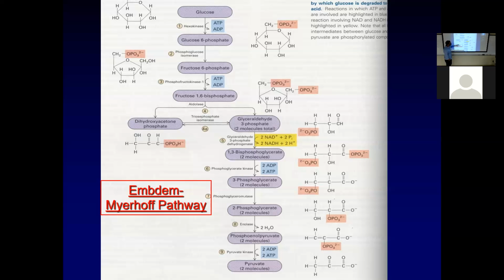So at the end of all of this, we've made 4 ATP, and we have 2 molecules of pyruvate from our glucose molecule. If it's free glucose, we invested 2, so we net 2. If it's from glycogen, we invest 1, so we net 3. We've also reduced 2 electron transporters.